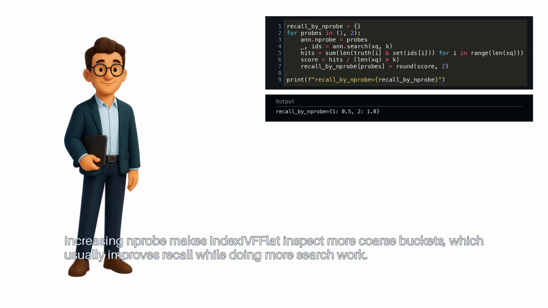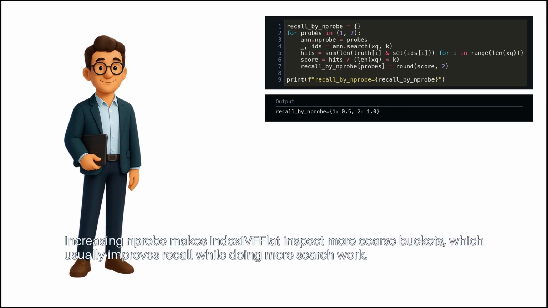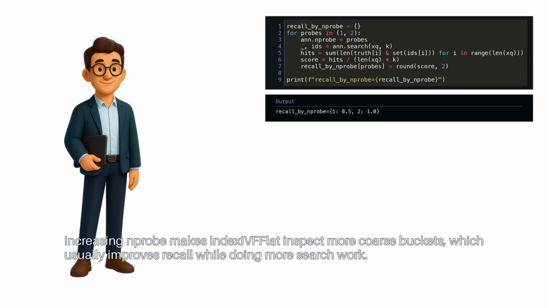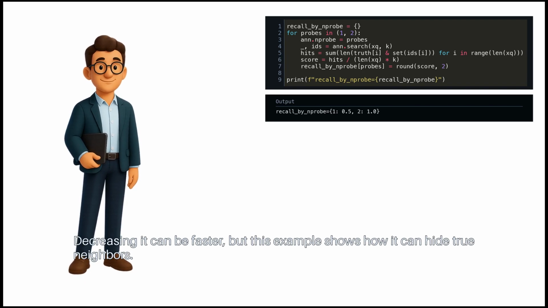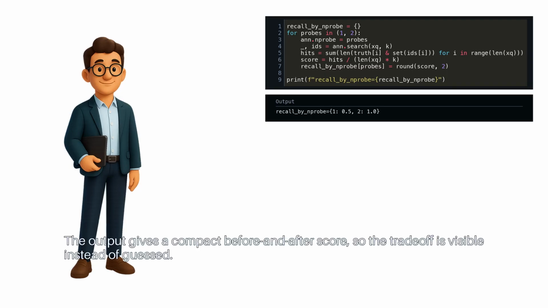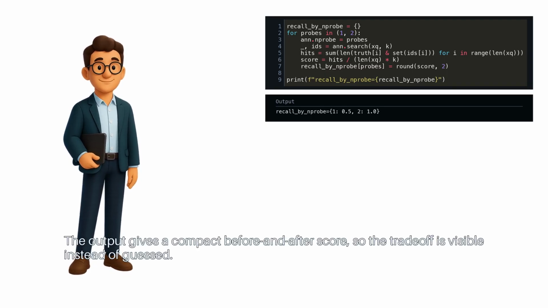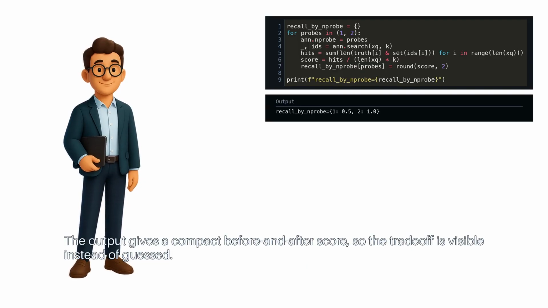Increasing nprobe makes IndexIVFFlat inspect more coarse buckets, which usually improves recall while doing more search work. Decreasing it can be faster, but this example shows how it can hide true neighbors. The output gives a compact before and after score, so the trade-off is visible instead of guessed.